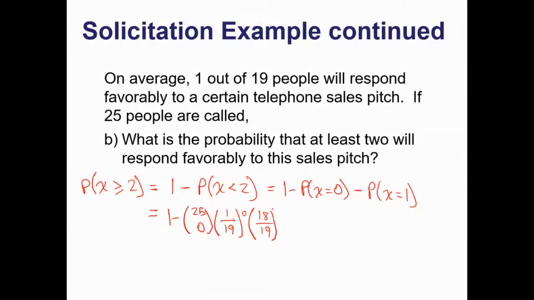How many failures did we have? 25. There's the first one, minus, and we're going to have 1 success. So 1 over 19 to the first power times 18 over 19 to the 24th.